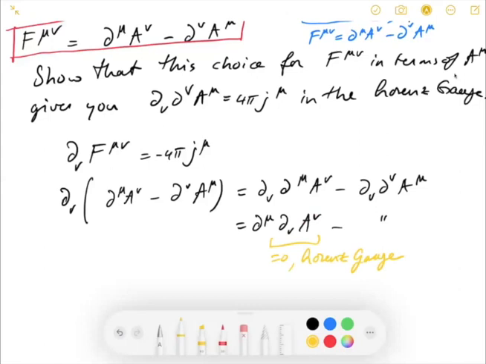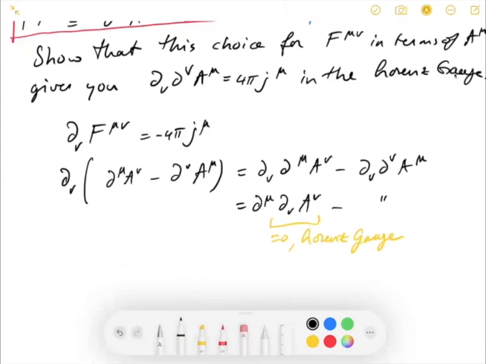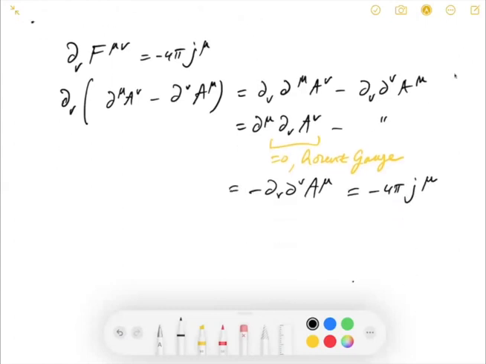So now the left-hand side, del nu F mu nu, has been rewritten as minus the D'Alembertian of A mu, which is minus 4 pi j mu. Putting everything together, we get what we were supposed to: the D'Alembertian of A mu is 4 pi j mu. Done.